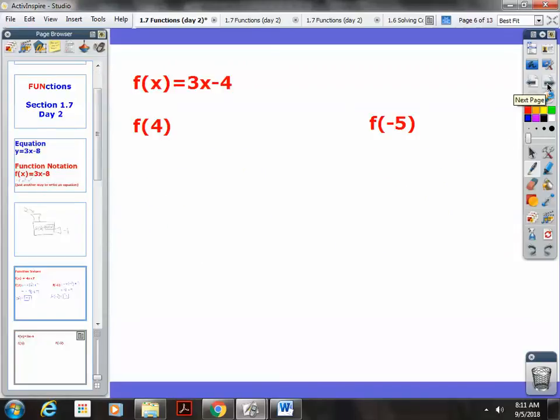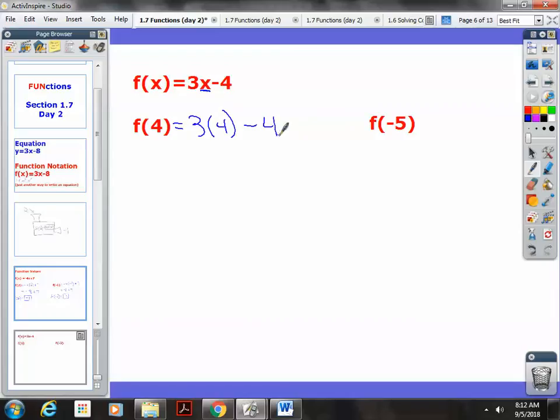Let's try another one. f of x equals 3x minus 4. So this time into the f function, what am I going to replace x with? Thank you, 4. I'm going to take out x, and in x's place, I'm going to put a 4. So 3 times 4 minus 4.